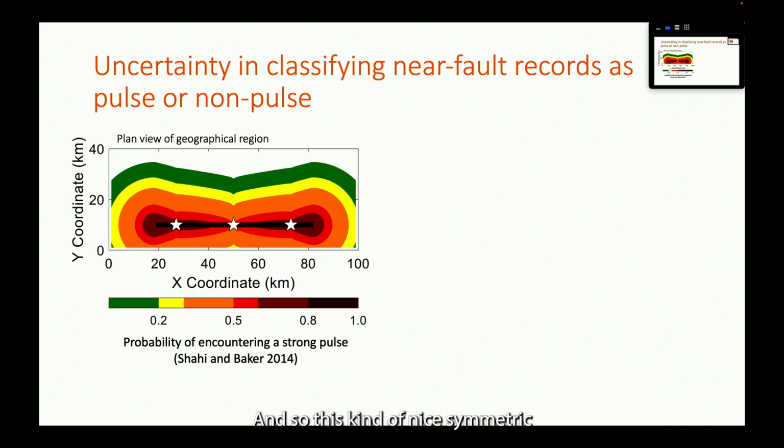And so this kind of nice symmetric classification of what's the probability of seeing those strong pulses around a rupture, and I have here 3 stars because those are different rupture realizations with different locations at the hypocenter. So if we apply the classification algorithms, we don't actually get this nice symmetric shape.